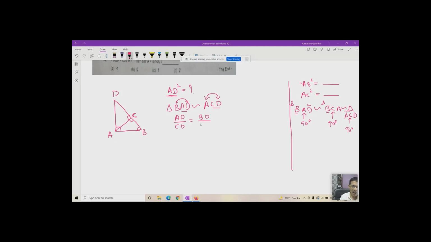So first and third letter. Why have I done this? Because after cross multiplying we will get AD square. So cross multiply, AD into AD. This will be BD into CD. So AD square will be equal to BD into CD.